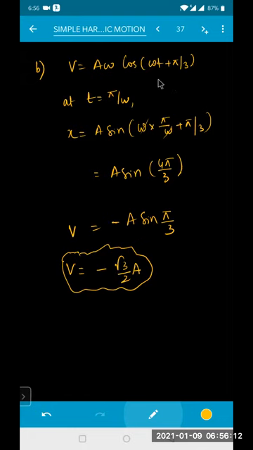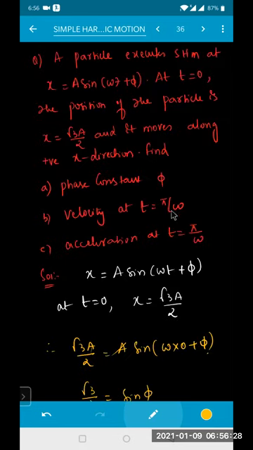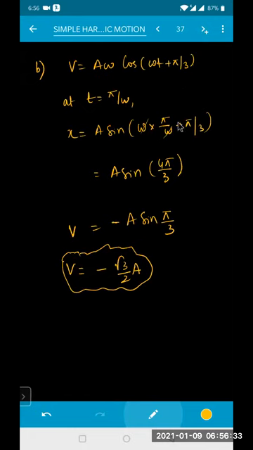So V is equal to A into omega t, and the t value is pi by 3, and this one is something like a cos of, t equal to pi by omega. So this is the velocity. V is equal to minus of root 3 by 2 into A.